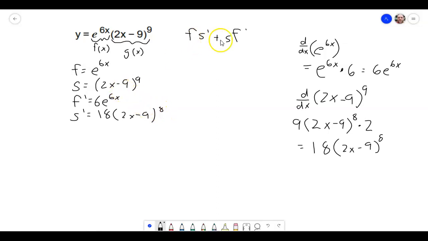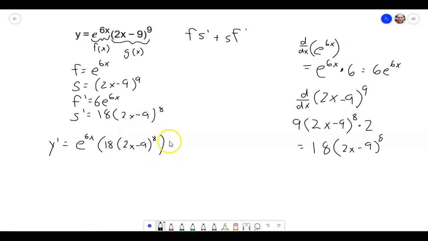So now we're going to actually go through and apply this product rule. The derivative of this function, so y prime, or dy, is equal to the first term, which is e to the 6x, times the derivative of the second term, times 18, 2x minus 9 raised to the 8th.